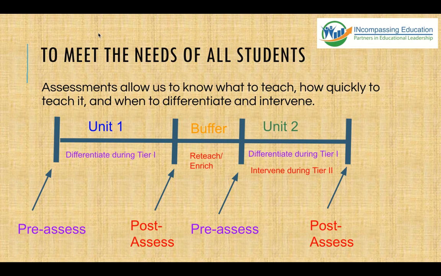If we stop all further instruction and just continue to work on the things that they do not yet have, they are missing out on the next set of instruction that needs to be happening, thus putting them farther and farther behind. With this model, students are still exposed to grade level standards while being differentiated and intervened on for those standards that they need additional assistance.